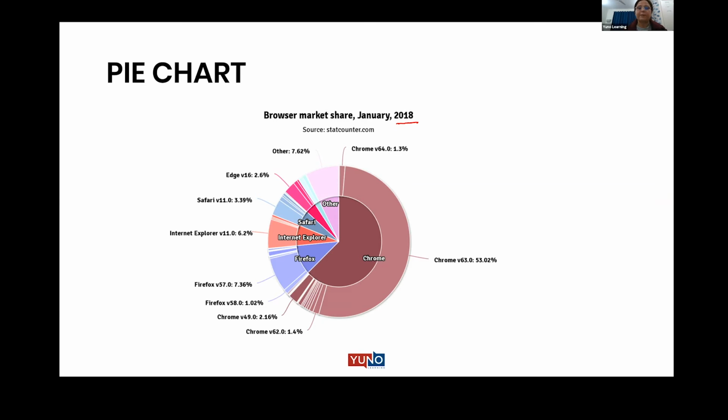For example, if you look at this now, what all do we see? We have different browsers over here. Chrome is mentioned here, Firefox, Internet Explorer, Safari, and others. So 1, 2, 3, 4, 5, five of them have been mentioned over here. The moment we look at it, you get that feeling, oh, look at Chrome, how much share it had in the market.